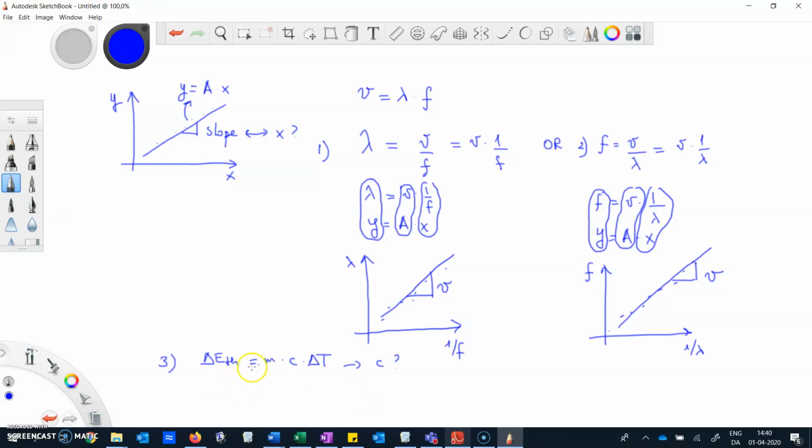Well, in this case, I need, first of all, to write down y equal a times x. And since c is the thing that I want to find, it's going to become my slope. And if this is my slope, it means that m times delta T is going to be x, and delta E thermal is going to be my y.